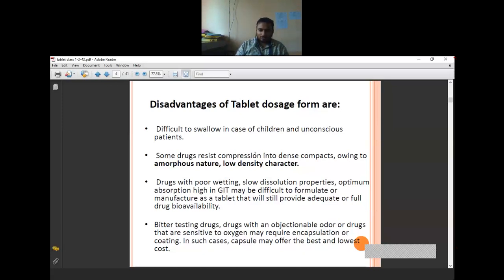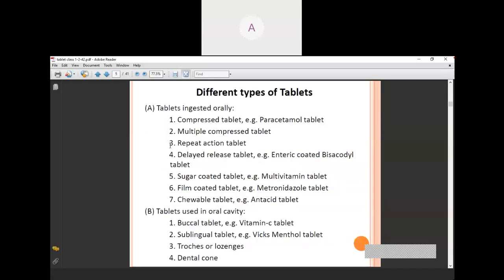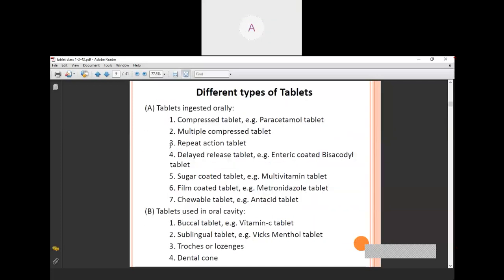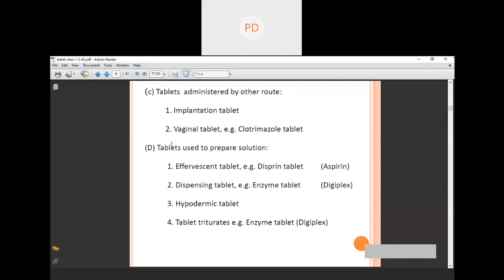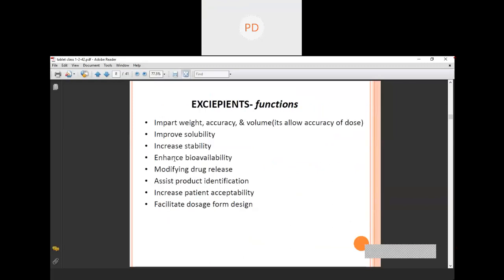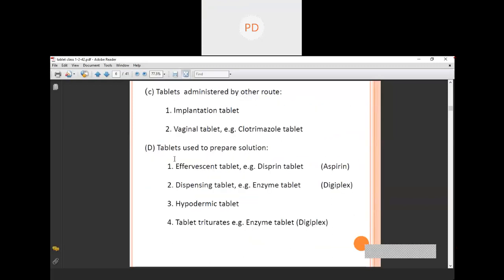Four types, sir. What are these? The tablets ingested orally, then tablets used in the oral cavity, then tablets administered through other routes like implantation tablets, vaginal tablets, and tablets used to prepare solutions.